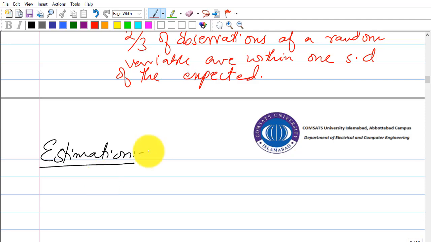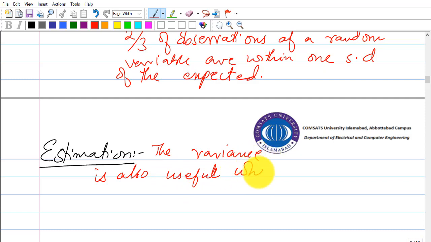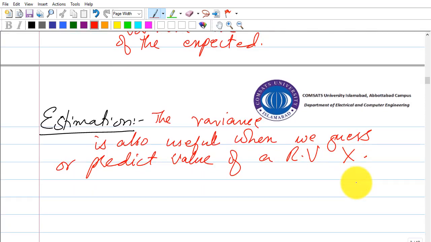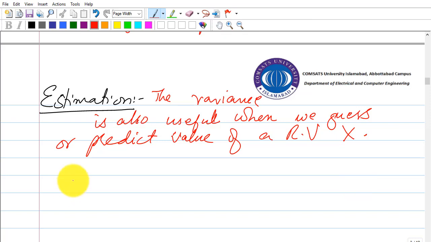So the variance is also useful when we guess or predict the value of the random variable x. Sometimes we call this the prediction.